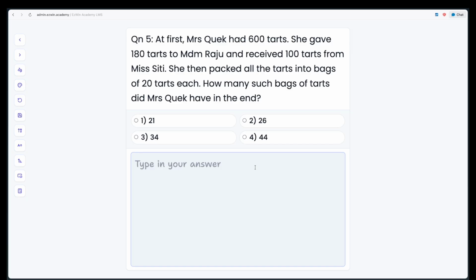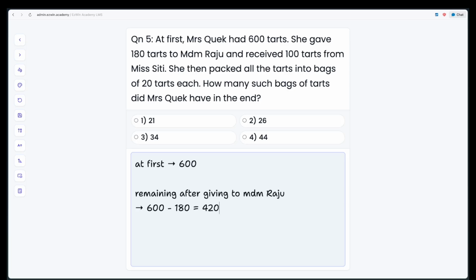So in this case over here, Mrs. Quack at first has 600 tarts. Then she gave away 180 tarts to Madam Raju. So remaining after giving to Madam Raju will be equal to 600 minus 180, and this will give us 420. So do your workings to make sure to get this right.